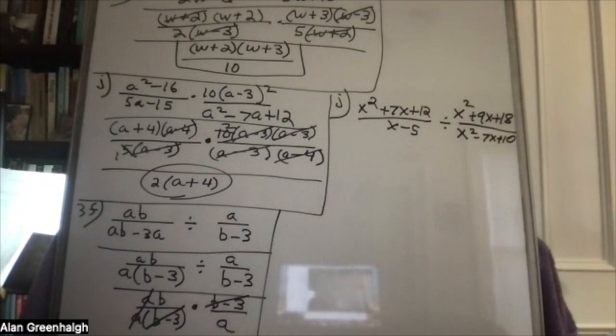I'm just looking at the problem again, making sure I have it. Okay, x squared minus 7x. All right, there it is.